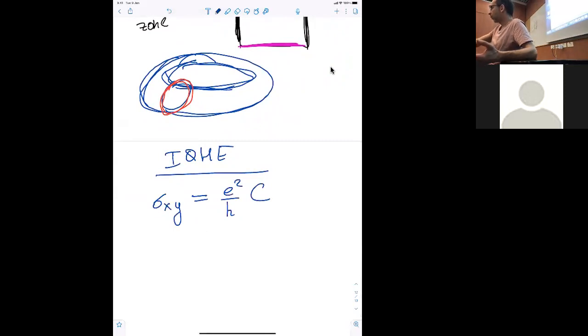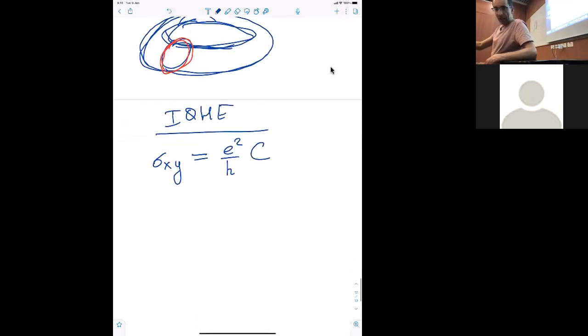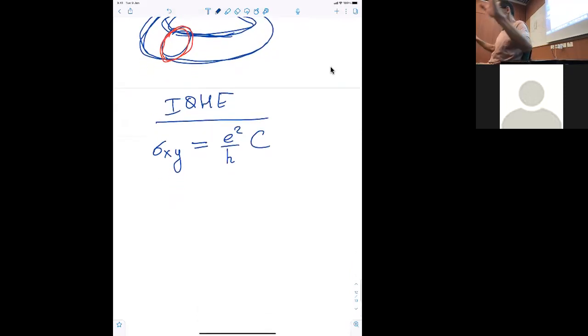So Hall conductivity is quantized in the units of universal conductance, and it's precisely equal to the Chern number. And it's something which is very well established for the integer quantum Hall effect. I'm not gonna cover this subject. It's something which is known.